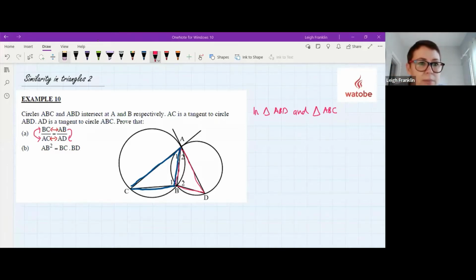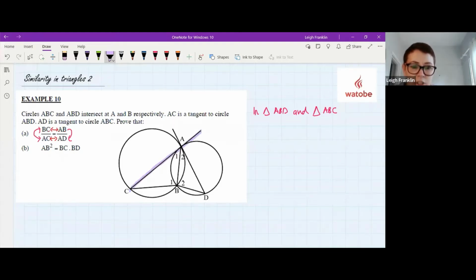Now, what I'm going to do is I'm just going to get rid of the highlight, just so that we can see the tangents a little bit more clearly. AC is this line over here. I'm going to highlight it in purple. This is AC.